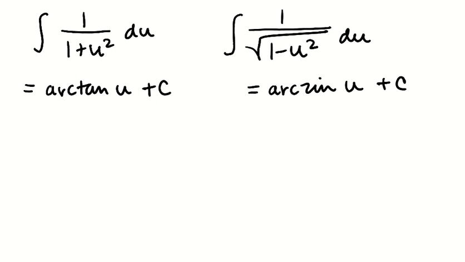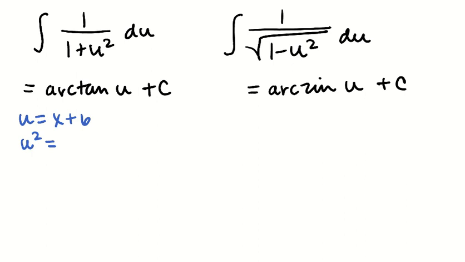So, I'll just say, what if u equals x, how about something more exciting like x plus 6. Then 1 plus u squared, well, u squared would be, we'd have to square x plus 6, and that's not x squared plus 36.